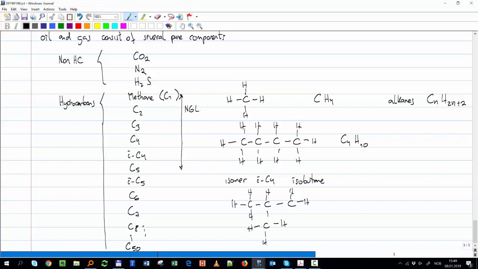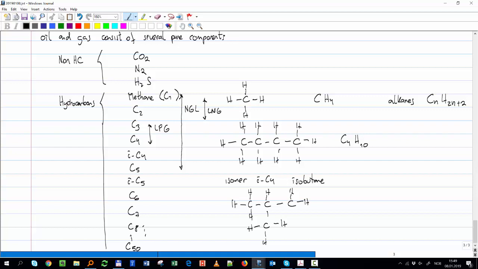When we talk about LPG, liquefied petroleum gas, we say it is typically these two guys. That's LPG. And LNG is typically maybe these two guys, LNG.